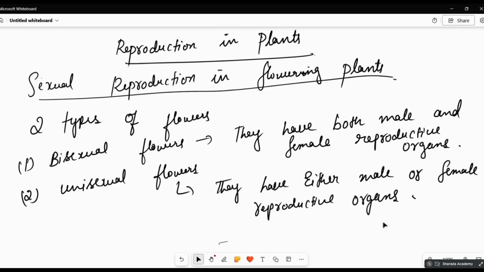Which diagram? That is the longitudinal section of the flower and germination of pollen grains on the stigma. Both the diagrams you have to write. It is there in the textbook and the guide both, I think. Write down.